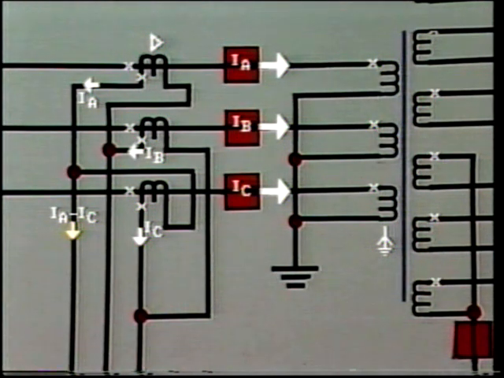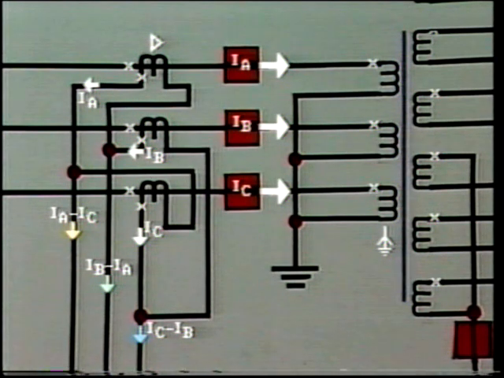The resulting secondary relay current, shown by a yellow arrow, is IA minus IC. Similarly, the other secondary relay currents are IB minus IA, this green arrow, and IC minus IB, this blue arrow.